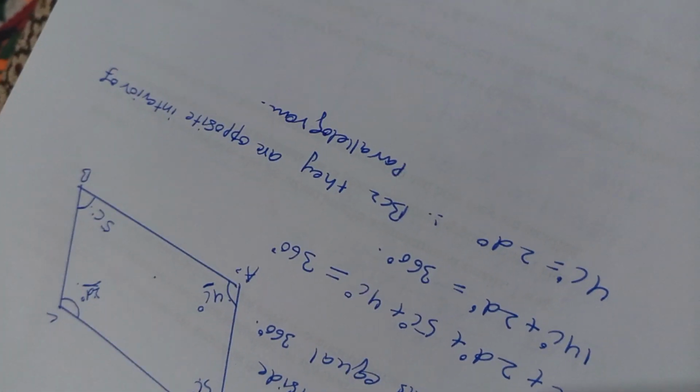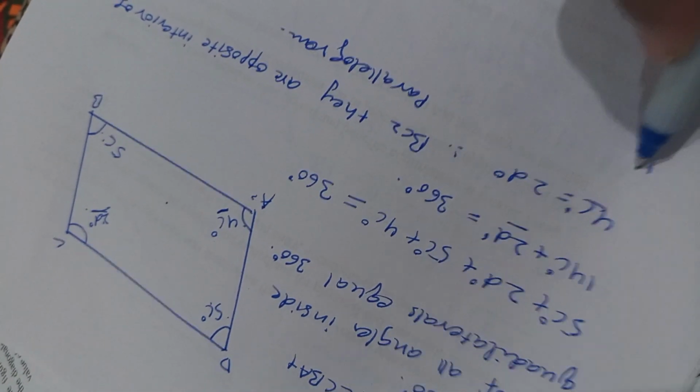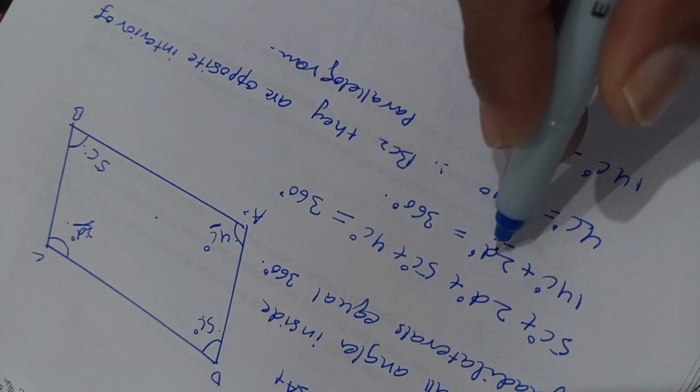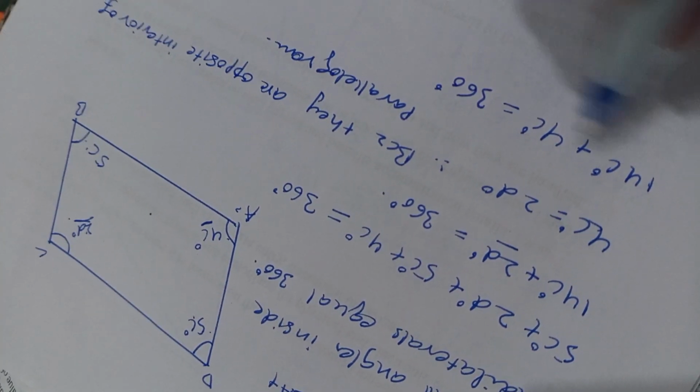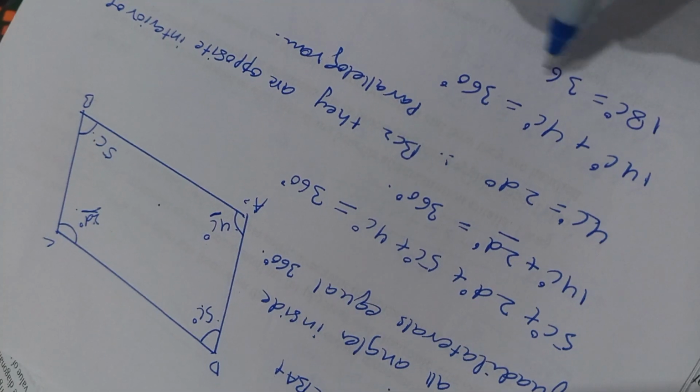So I'll write 14c plus 4c here instead of 2d equals 360 degrees. I'll add these both up: 14 plus 4 equals 18c, that equals 360 degrees.